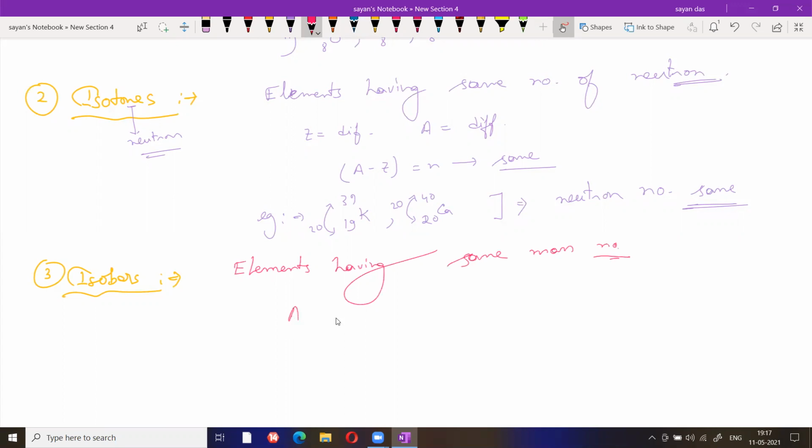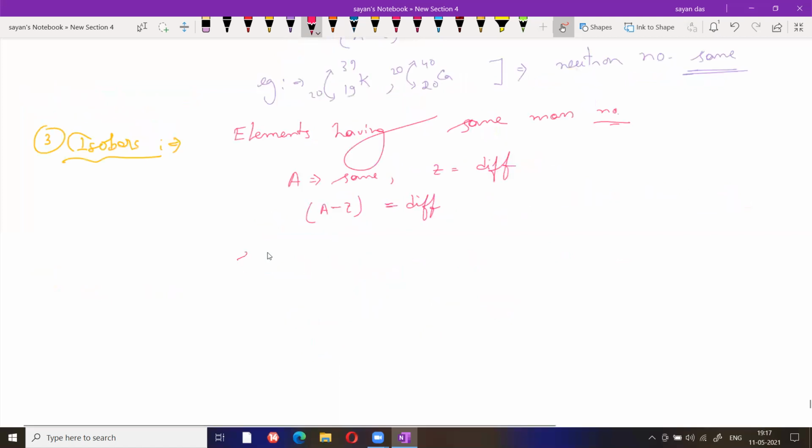Here A is the same, Z is different, and A minus Z is also different. Example: argon 18,40 and calcium 20,40. The upper one is the same. This is called isobars.